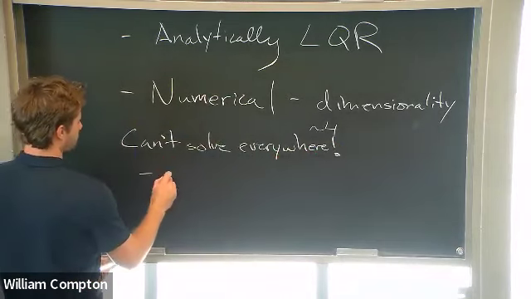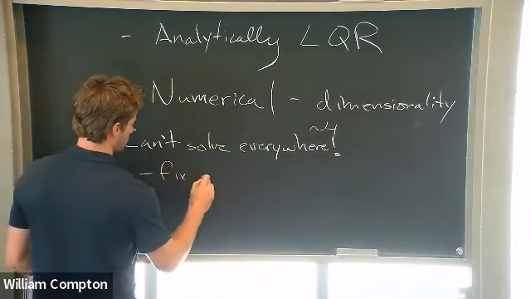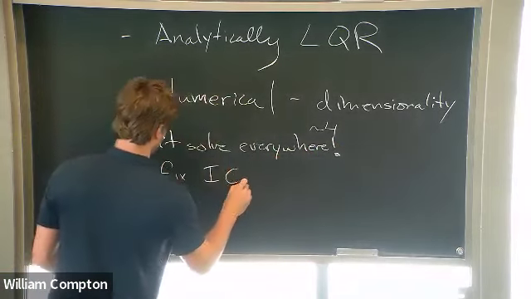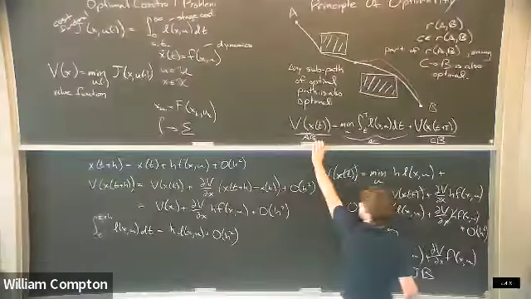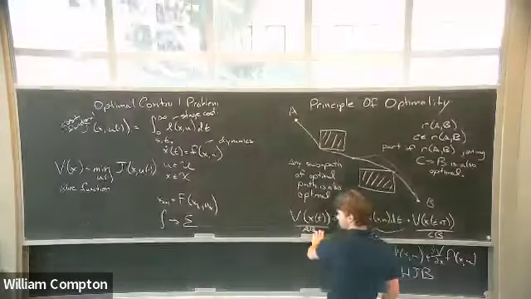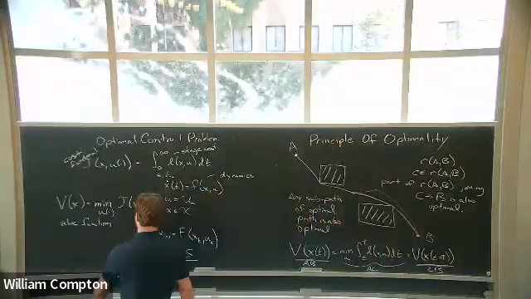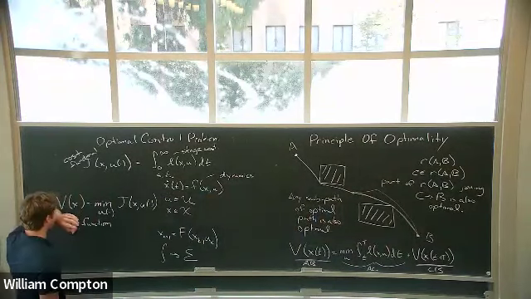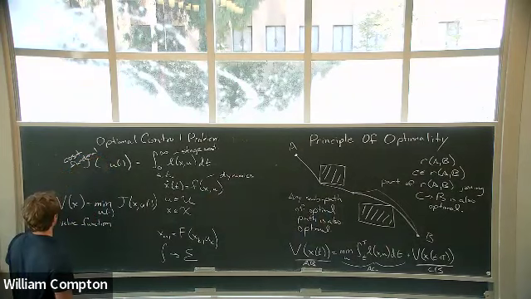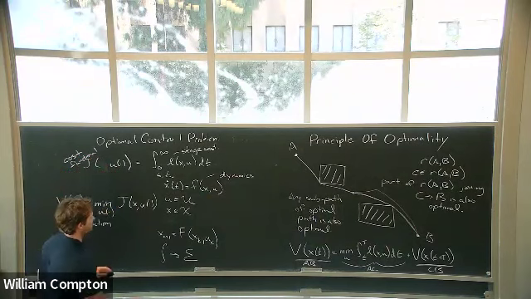So we can't solve it everywhere. And we will fix the initial condition. Once we've fixed the initial condition, basically, we don't need to think about the initial condition here anymore.